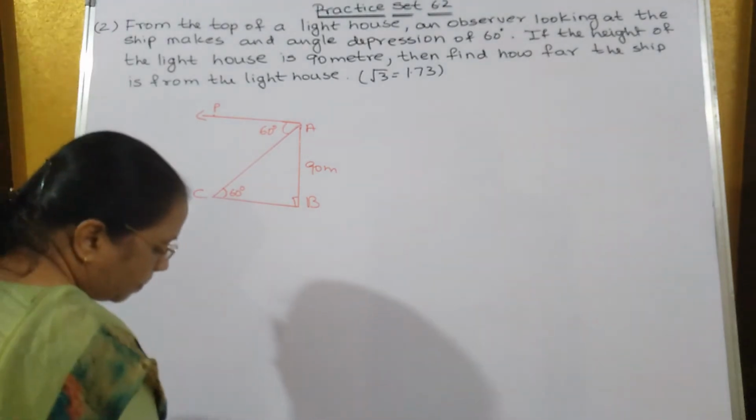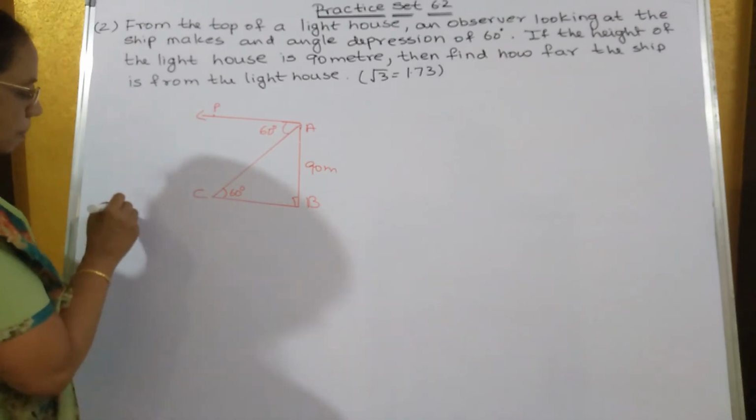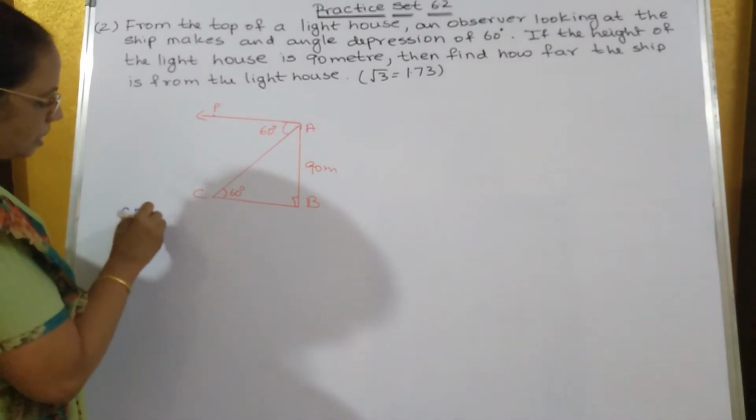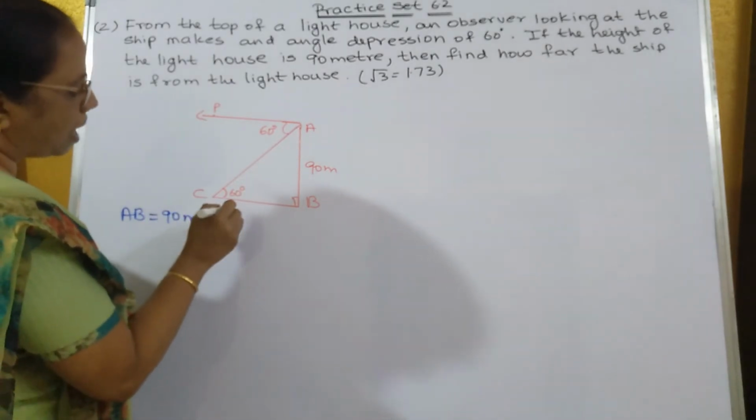Now whatever is drawn in the diagram, explain that. AB is equal to 90 meter, is the height of the lighthouse.